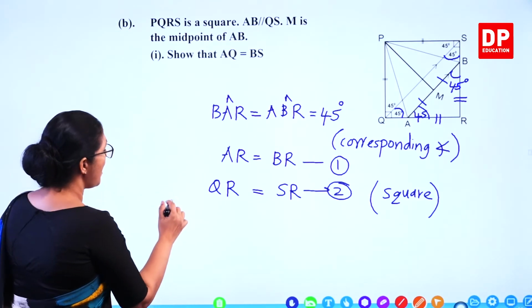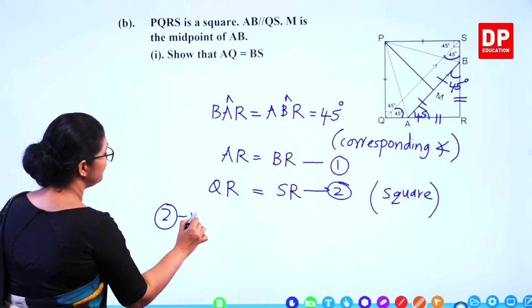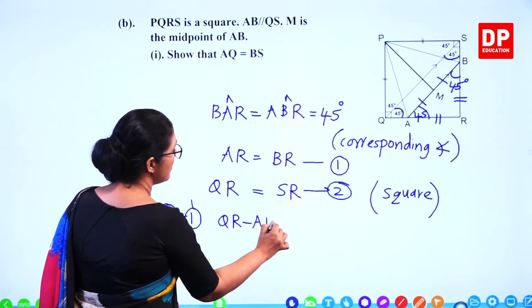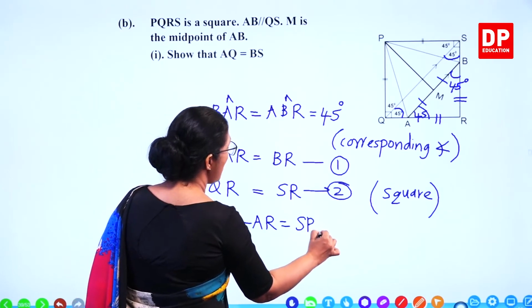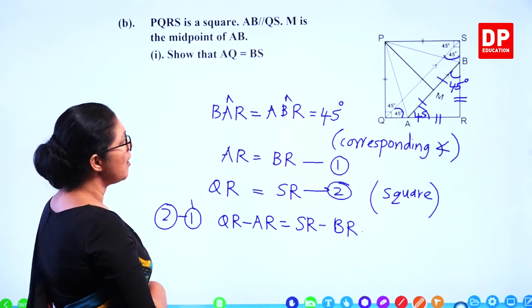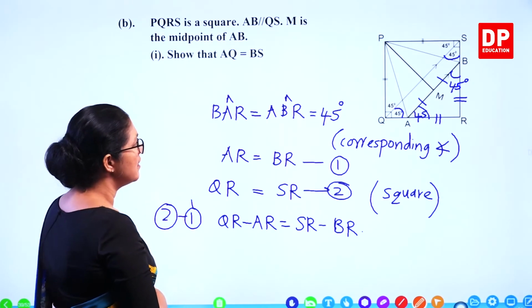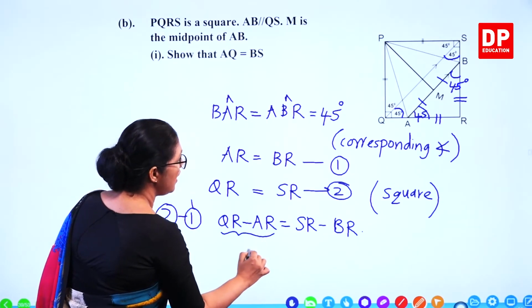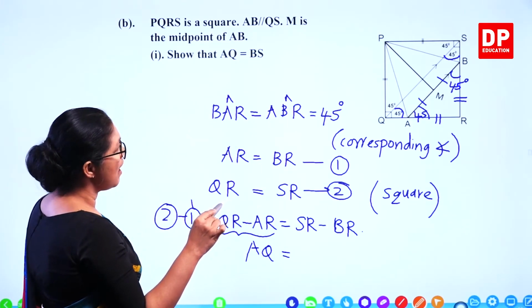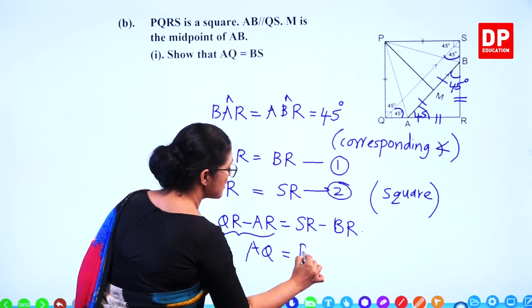Now we'll subtract 2 minus 1. QR minus AR is the same as SR minus BR. QR minus AR, you get AQ. SR minus BR, you get BS.